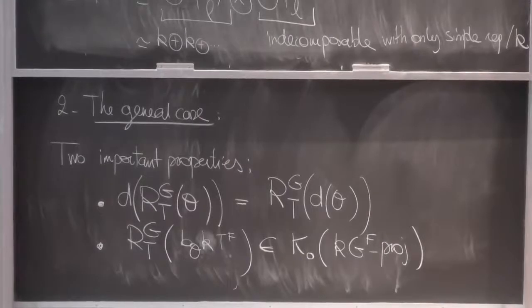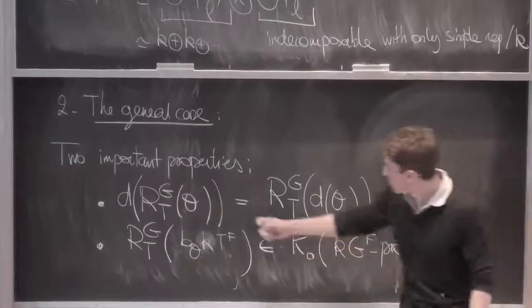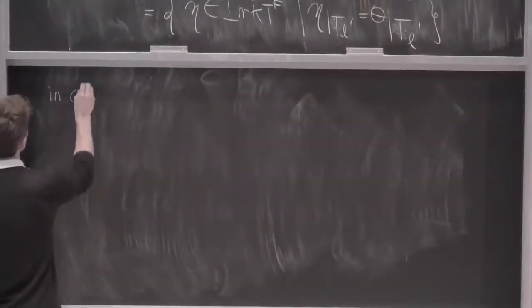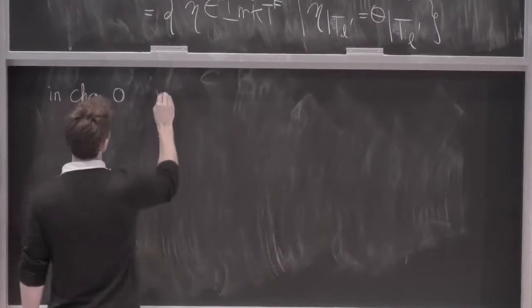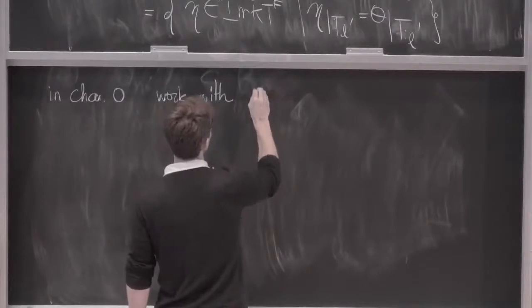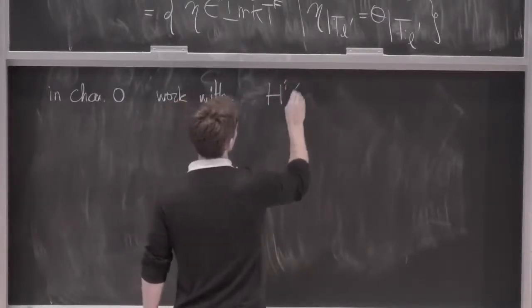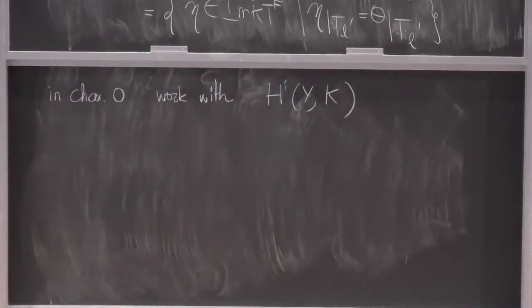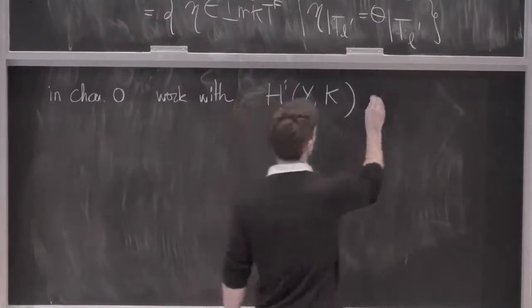Okay, so maybe let me say a word about this, so that these two properties will become clear. So when you work in characteristic 0, you work with individual cohomology groups. Okay, but in positive characteristic, there is a better way, the alternating sum.